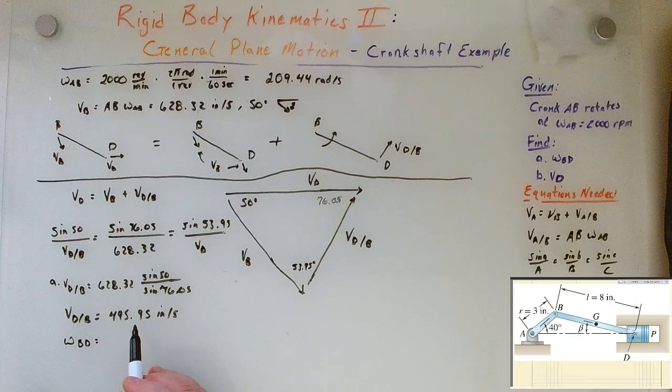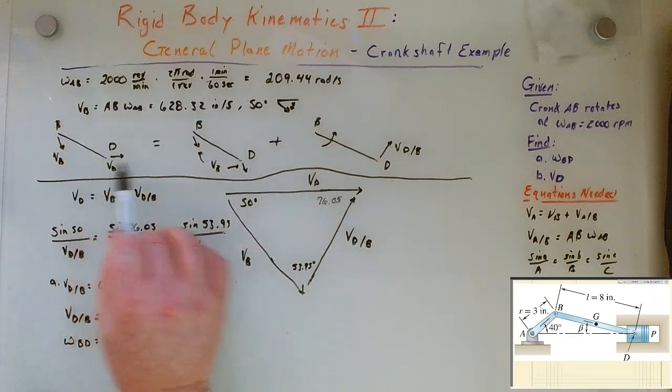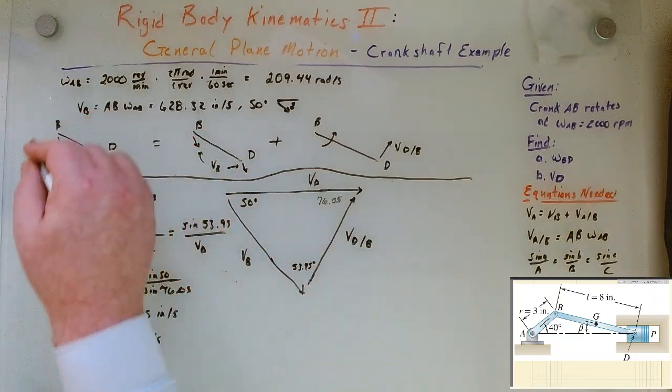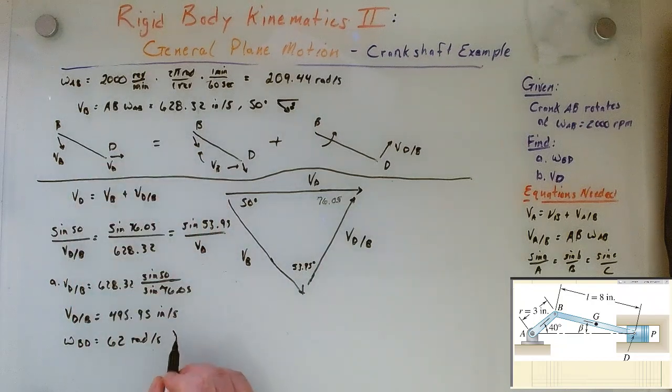So 495.95 divided by 8 is 61.9938, so let's just go with 62. That's radians per second. If you get lost on which direction this is rotating, just consider that VD is going that way, this is going this way, so it's rotating in this direction here, anti-clockwise. Okay, so that is part A.